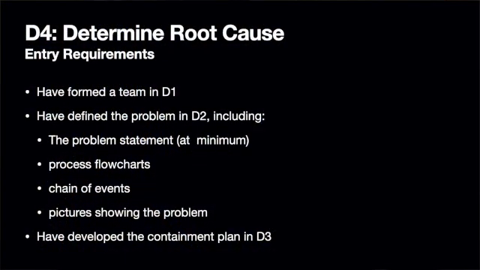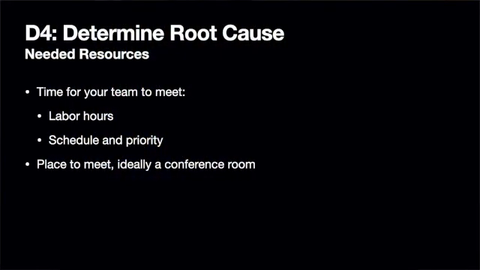So going in, you're going to need to have done your D1, that is form the team. D2 is have a problem statement and associated details like a process flow chart or a chain of events. You need your D3 done, which is your containment plan. Resources, time and space. You'll need time to meet and a place to meet.